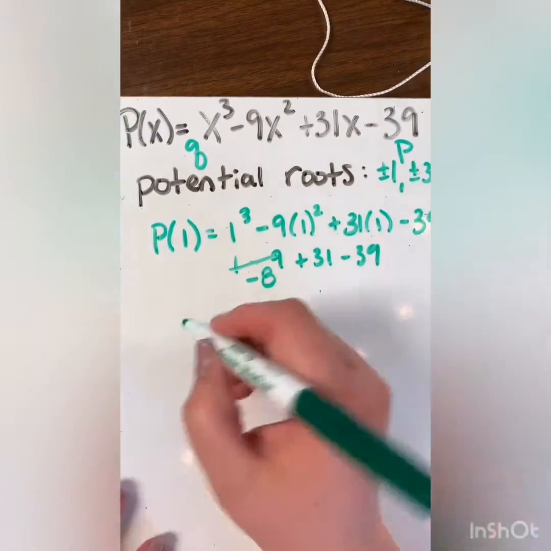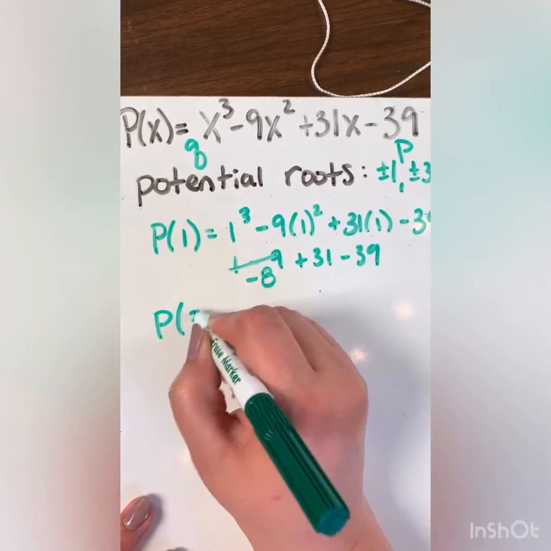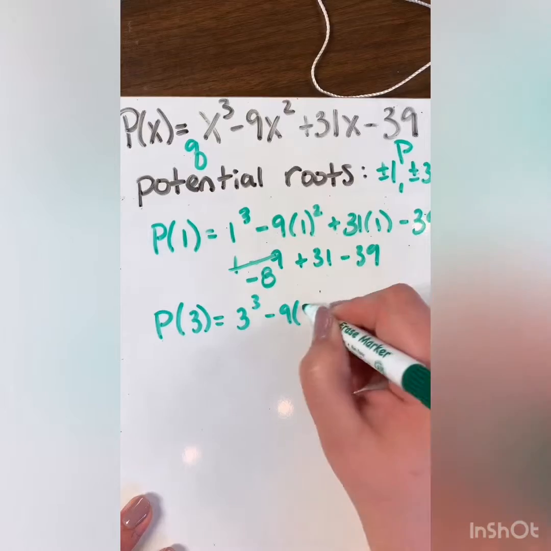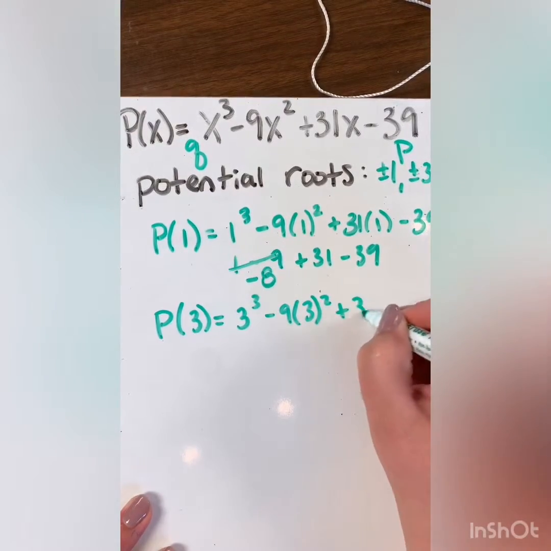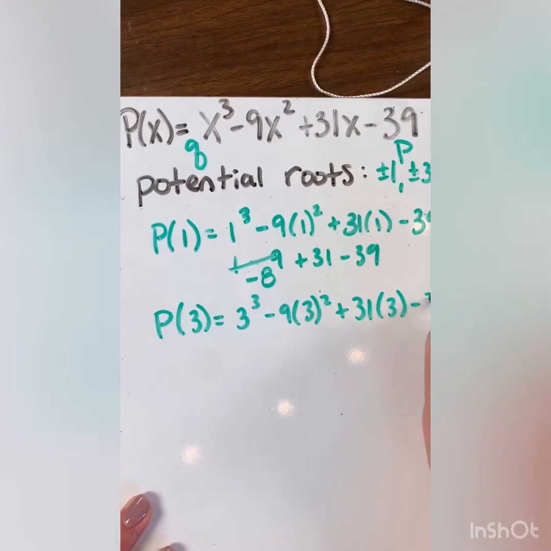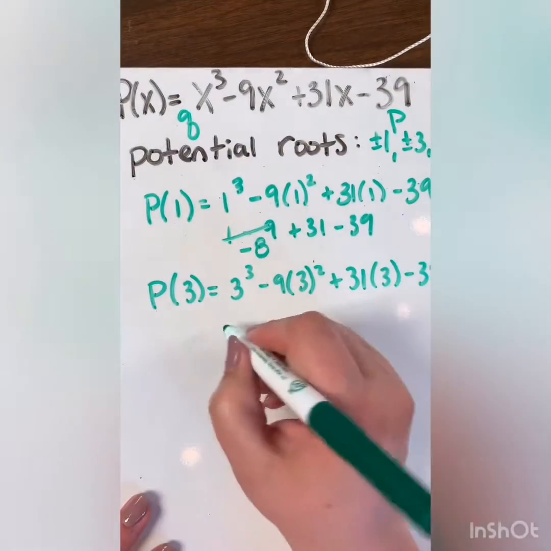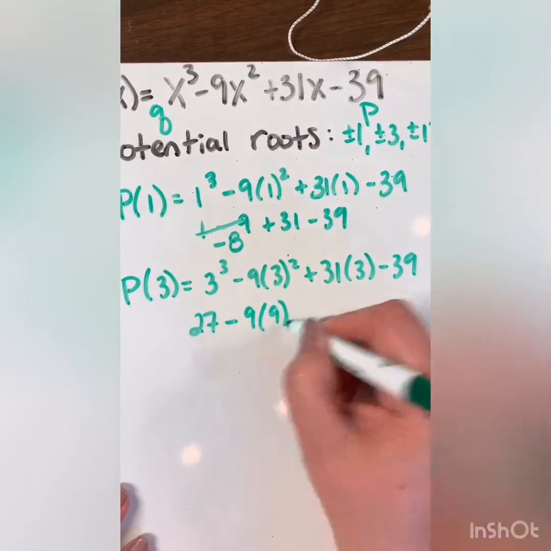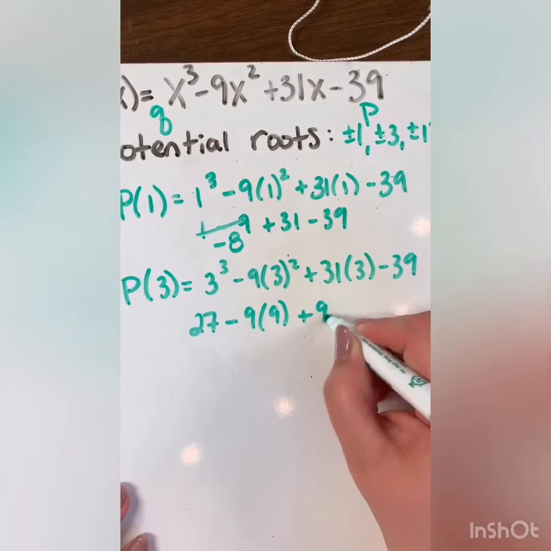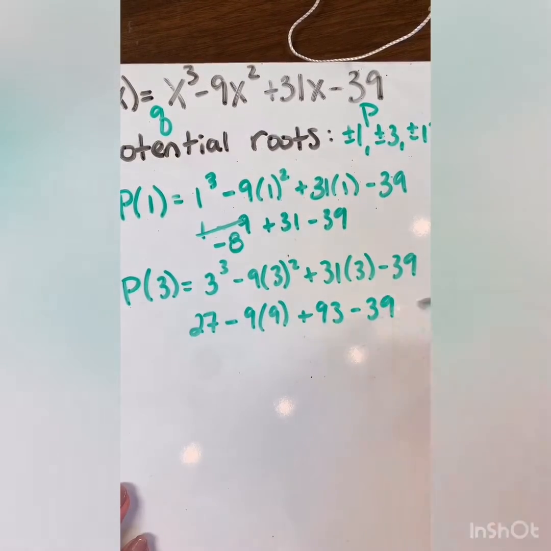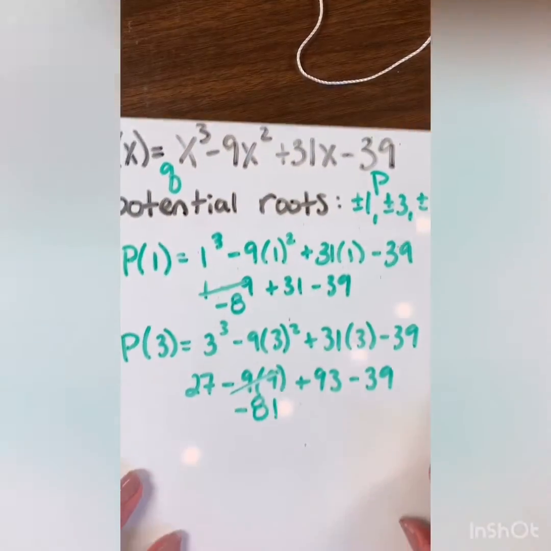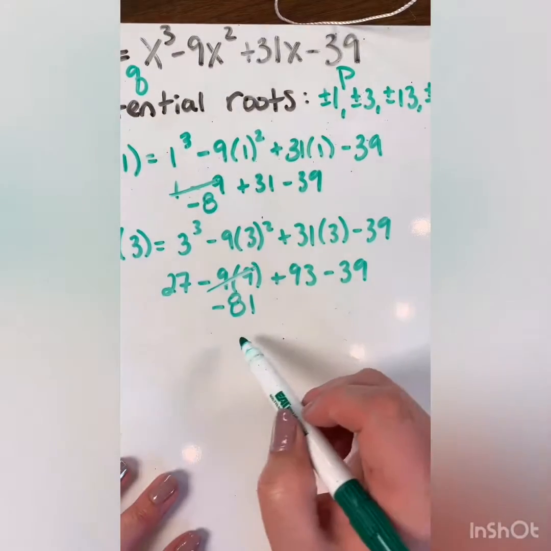Let me try one that I know will work. This also isn't necessarily the best method whenever you've got really big coefficients like this, because as you can see, I'm doing some pretty large multiplication here.